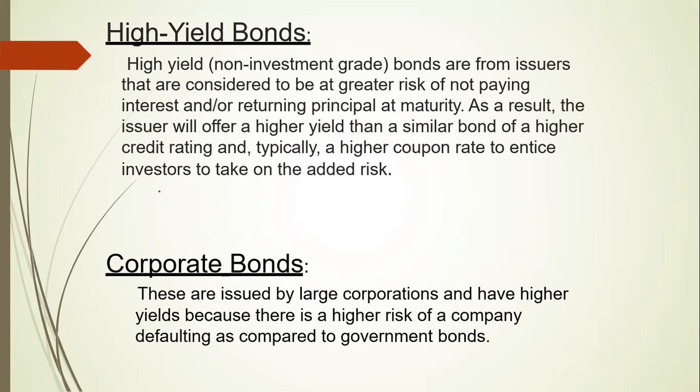Next are corporate bonds. These are issued by large corporations and have a higher yield because there is a higher risk of a company defaulting as compared to government bonds. So they are basically issued by the corporates and they obviously have a higher yield, because corporates are always risky.